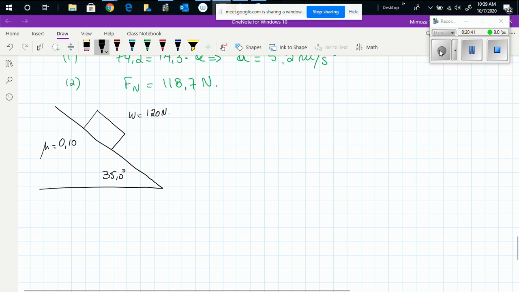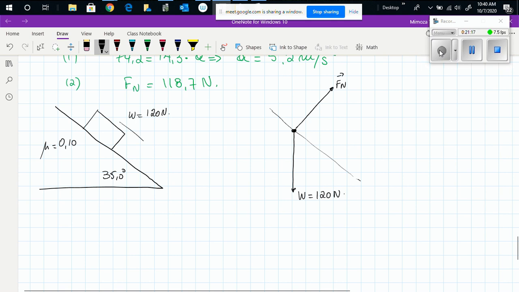So when you are drawing the free body diagram of this particular situation, the object of interest will be represented by a dot. So then you have, this is equal to 120 newtons. The surface of the incline is creating a 35-degree angle, and force normal is perpendicular to the surface of the incline.